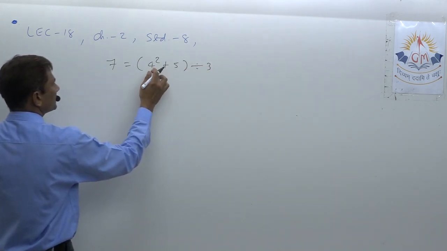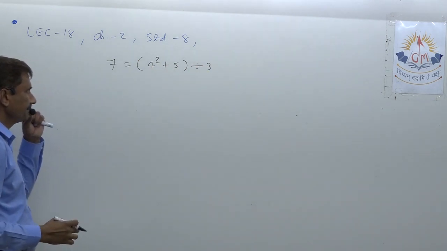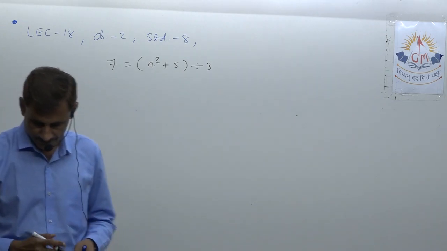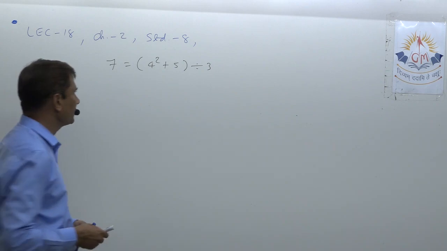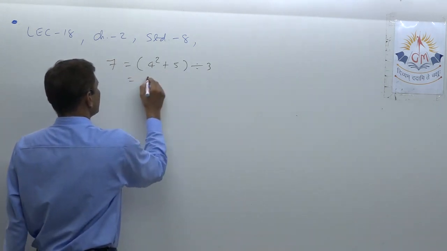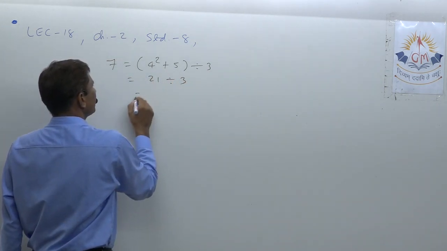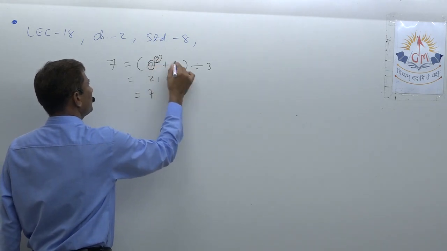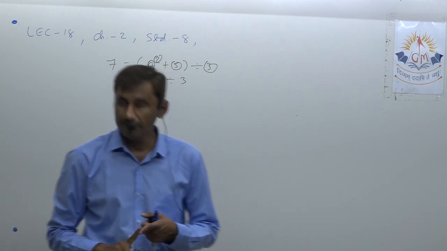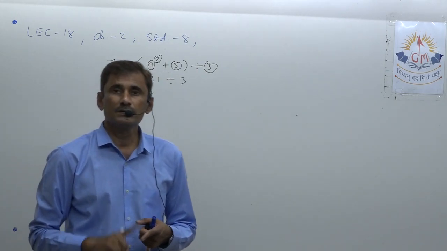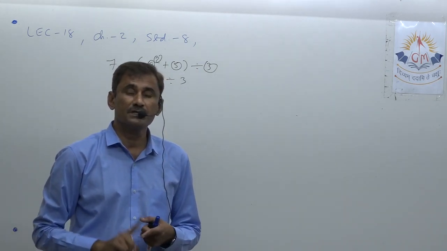So obviously it will be 16 plus 5, 21. 21 divided by 3 will be 7. But you can see here 4, 2, 5 and 3 all are used, and once only, not more than once. So all should be there and once they should be used.